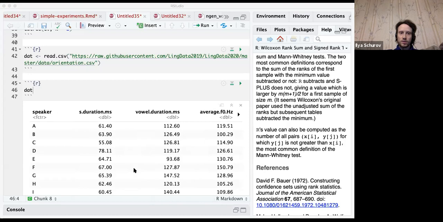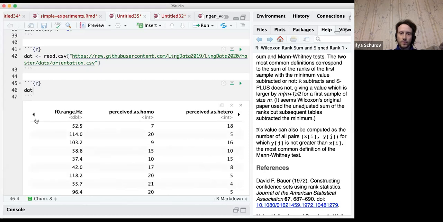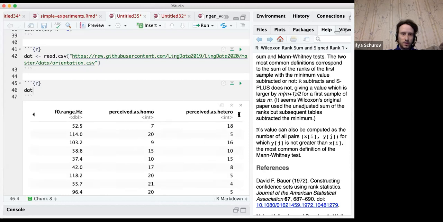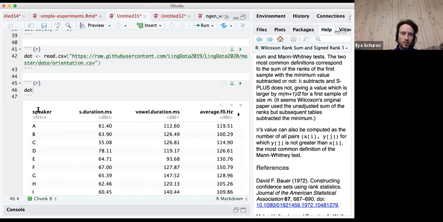And to do so, let us consider only appropriate columns. For example, I want this, and these columns. So 1, 2, 3, 4, 5.